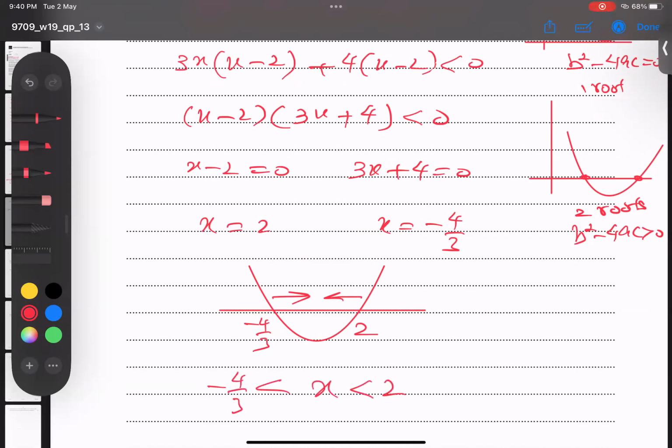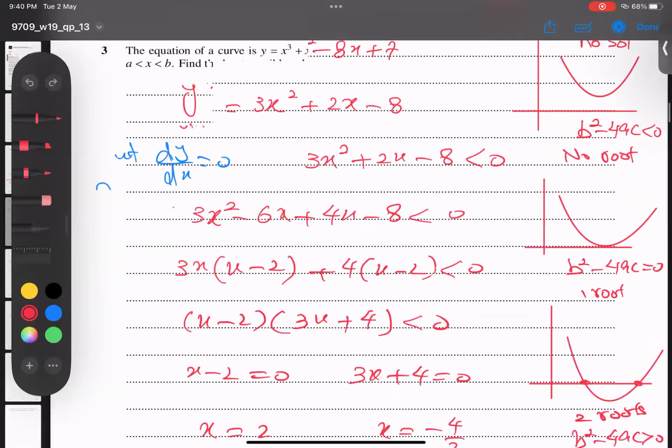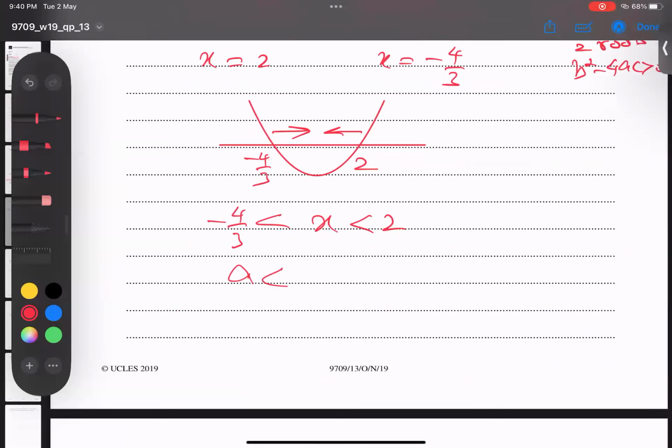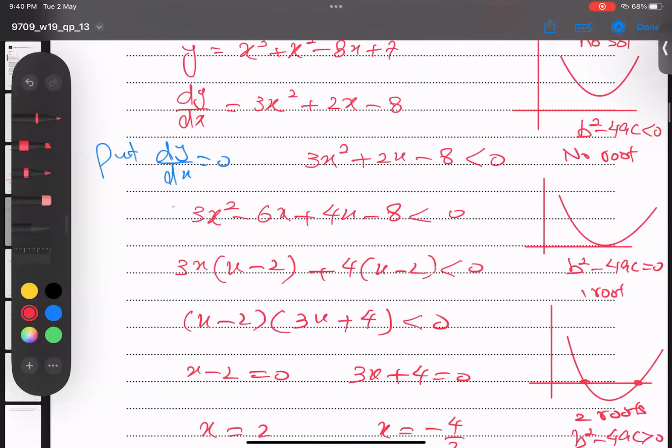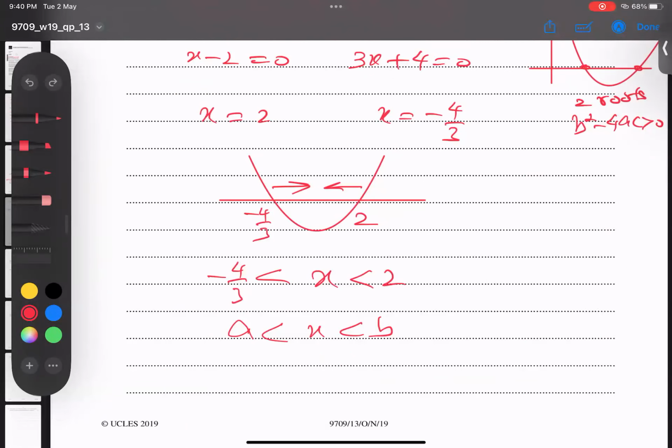Because I'm going from here, the left side is called less than 2, and this is called more than minus 4 over 3. I hope it is clear. This is given by him. So if we compare these two values, I can say clearly that a value is, just a minute.